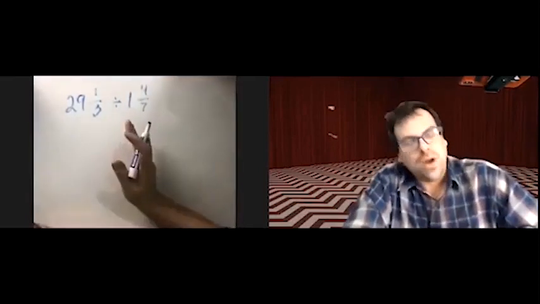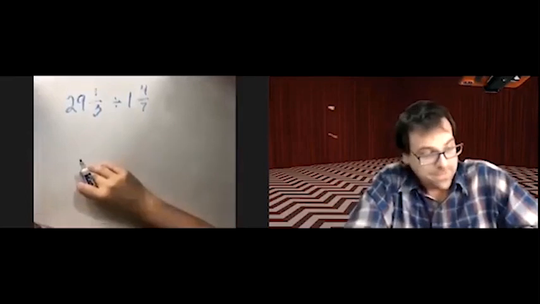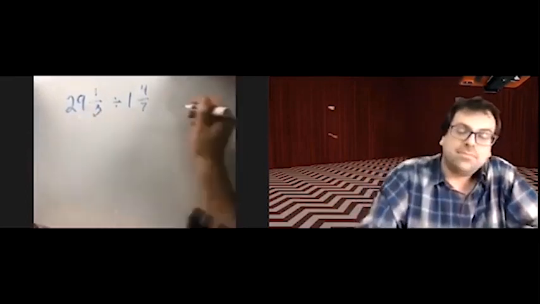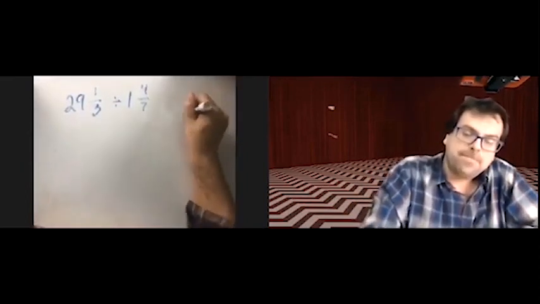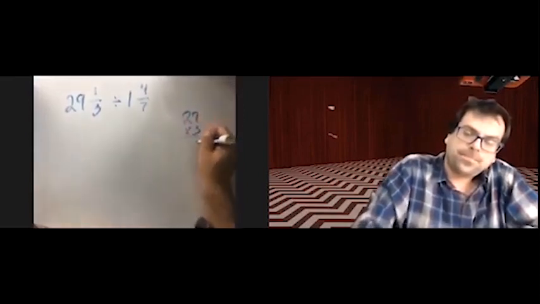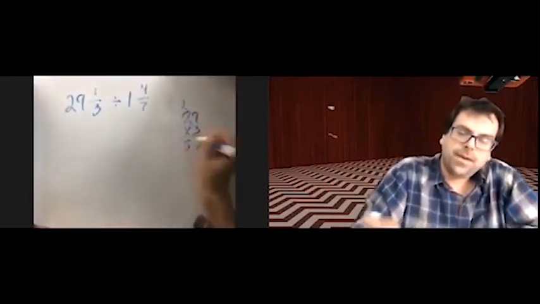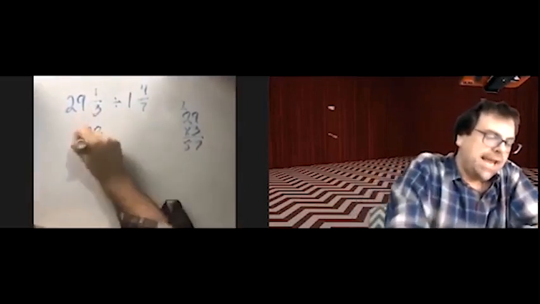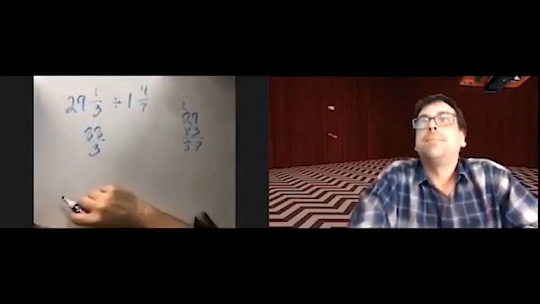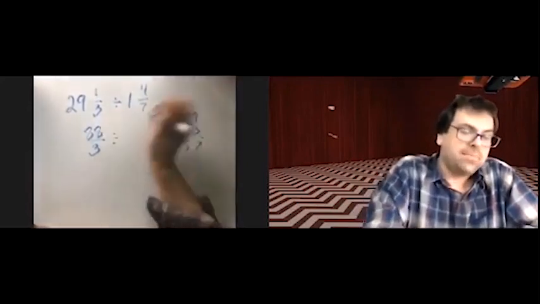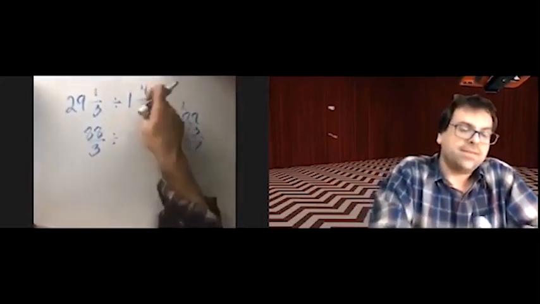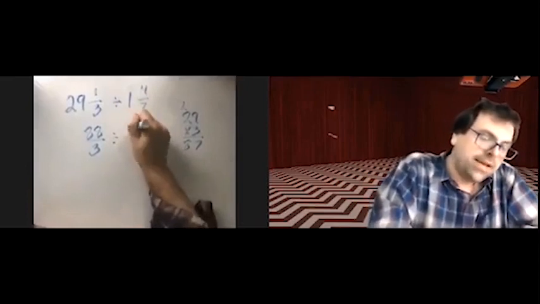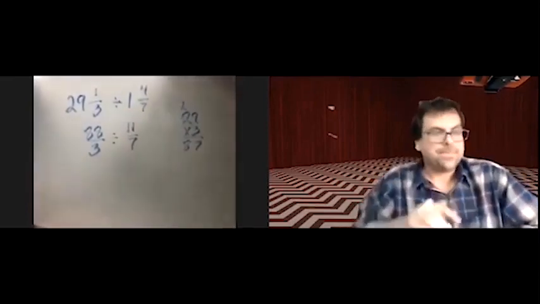So we've got to do improper fractions, unfortunately. 3 times 29 is 87, plus 1 makes 88/3. Divided by 7 times 1 is 7, plus 4 makes 11/7.